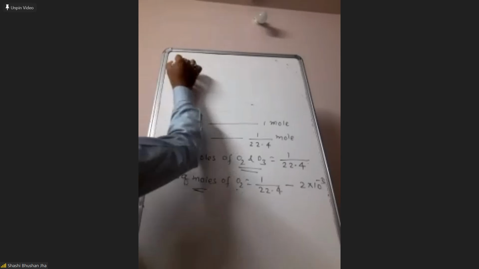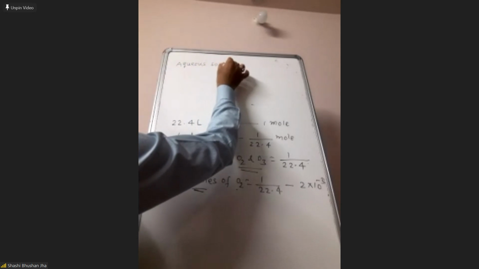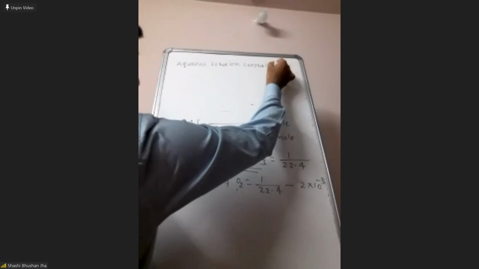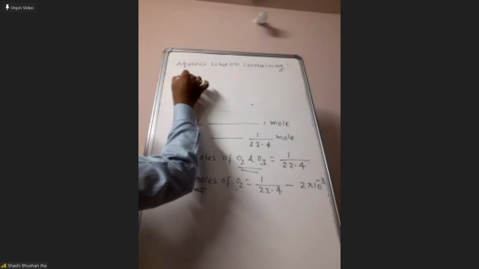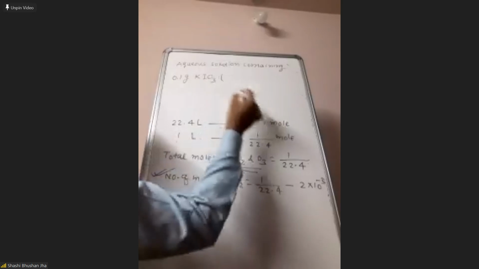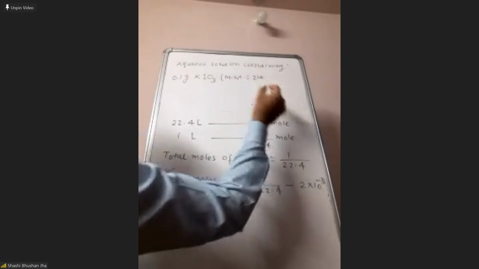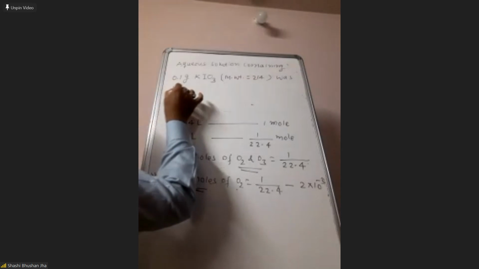Right. Aqueous solution containing 0.1 gram potassium iodate, KIO3. Its molecular mass is given.